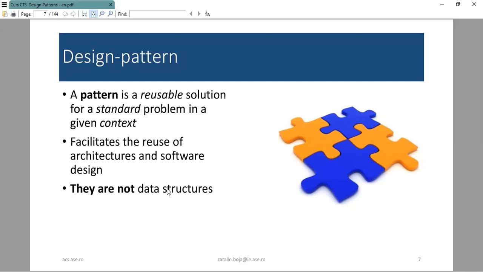Because once again, I'm using the same equivalent with the puzzle. If you try to use the pattern to solve another problem, that will not fit. Okay, in the end, you will have something which is not the intended final image. You just force things into places in which they don't belong. Okay, so each pattern should be used accordingly with the problem that it solves.